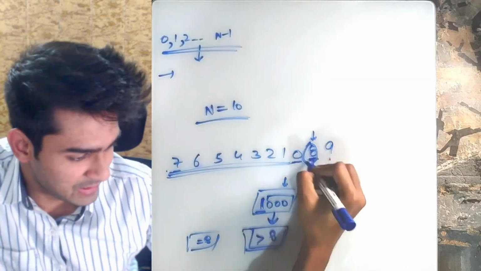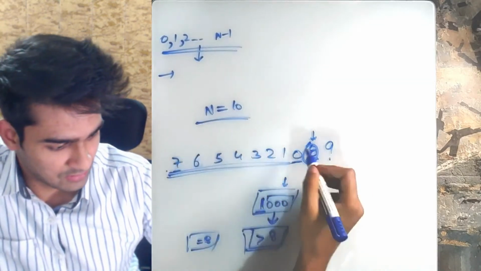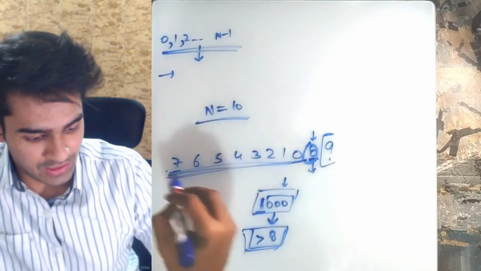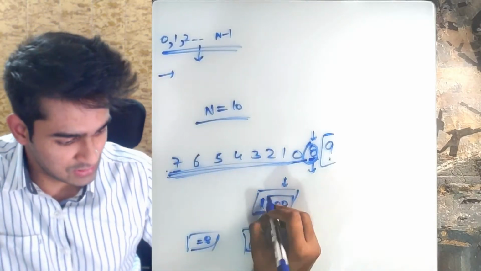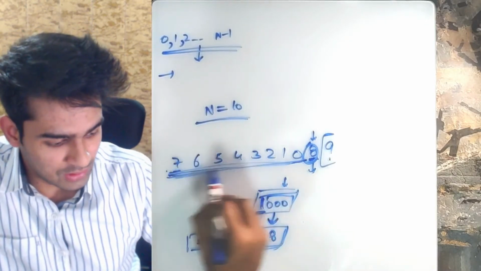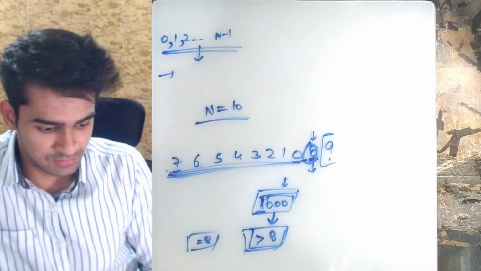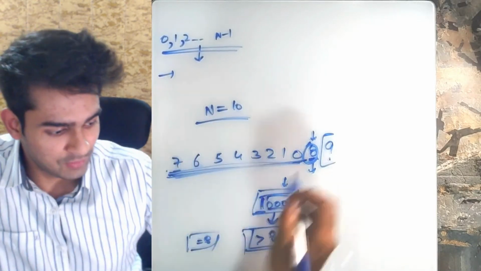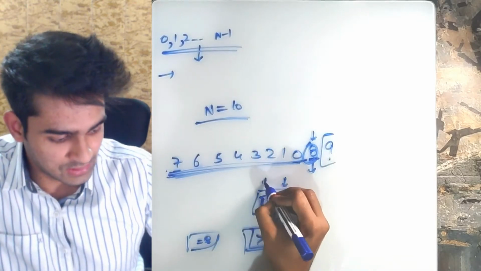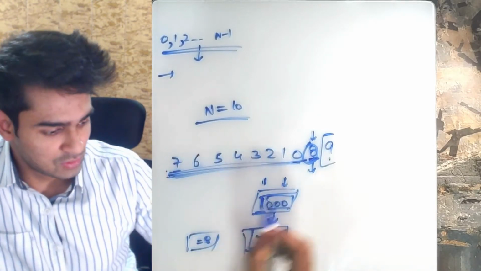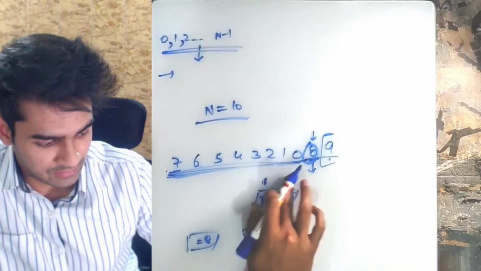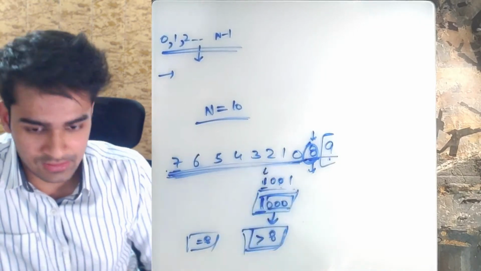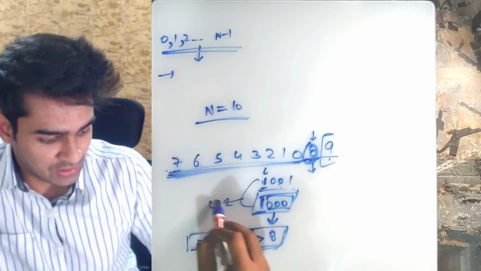Because if you use this 8 with anything except this 9, or anything smaller than 8, you'll get something greater than 8, because this 8 has 1 0 0 0 and all these values have bits set as 1 in some of these indexes. But after this 8, every value has this one also. So if you take XOR of 8 and 9, 9 is 1 0 0 1. So this index is 1 and this index is also 1. So both of these will give you a 0.